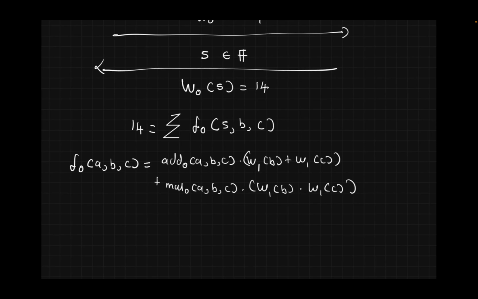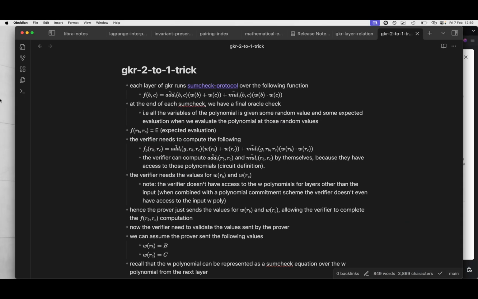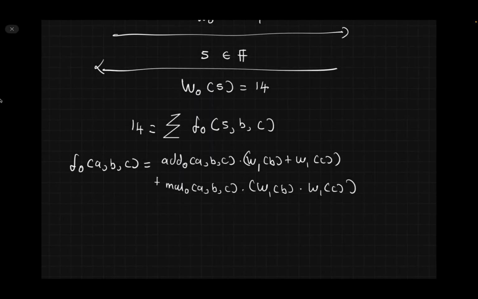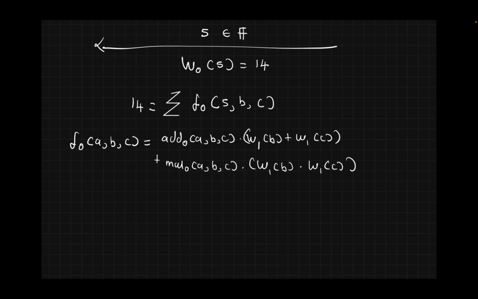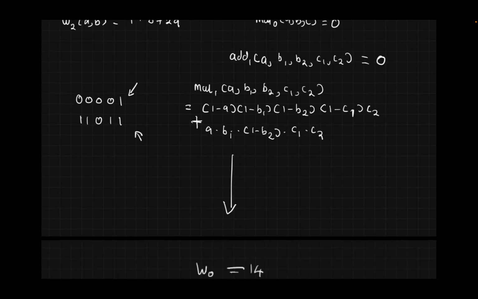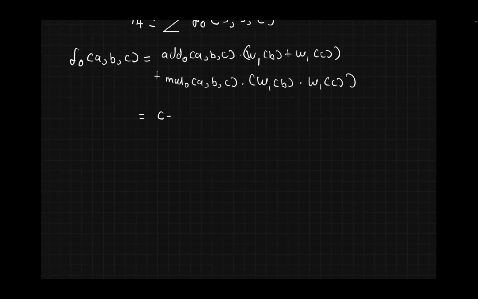Now let us get our add 0. Where's our add 0 again? Add 0 is this thing here. Does someone have this written down? Yes. Okay, just tell me. C minus BC minus AC plus ABC.